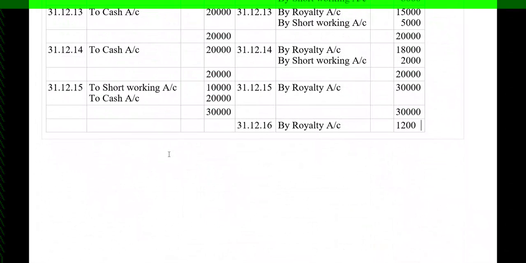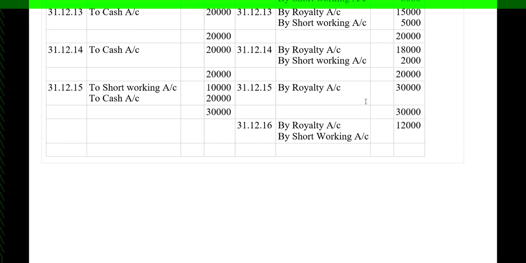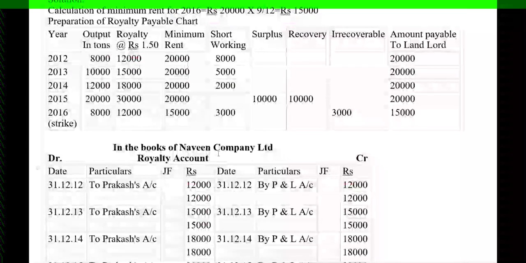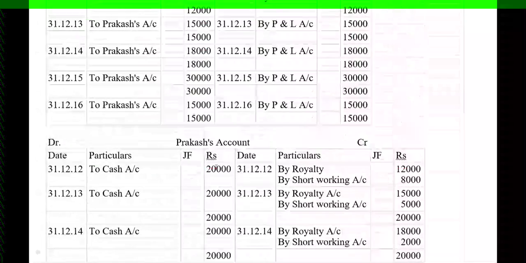Then there is a short working by short working account, so it is 3,000. When the amount is paid here, so it is 15,000.